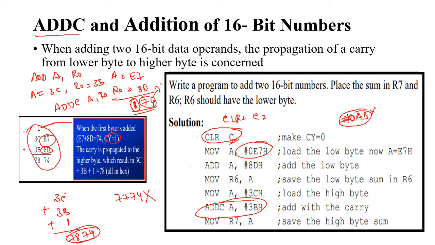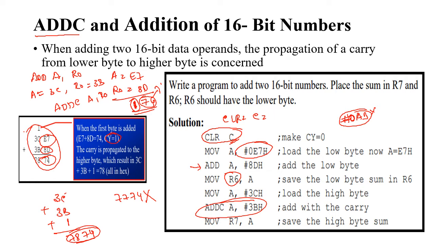Next you perform the operation ADD A comma #8D. What happens is 8D and 0E7 will be added, and next MOV R6 comma A. The content, that is 174, the result we get, this 74 is stored in the R6 register.